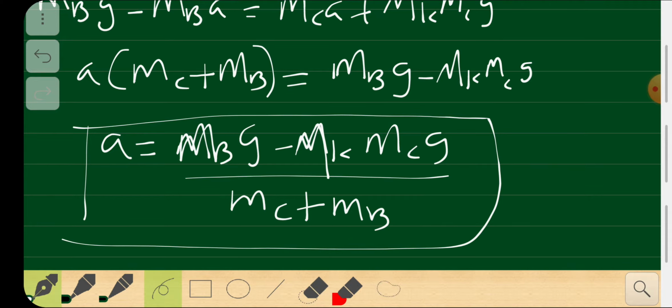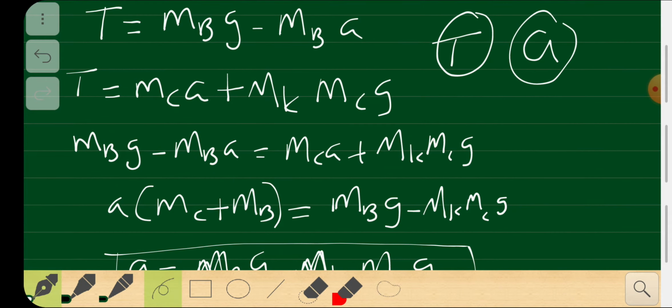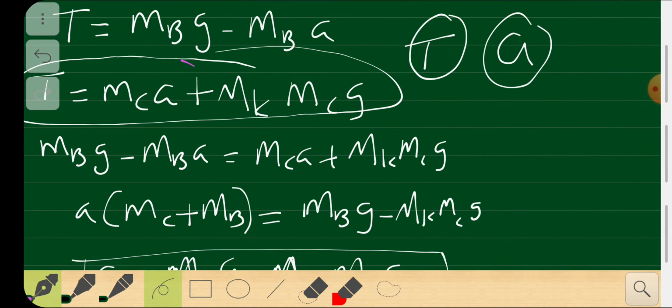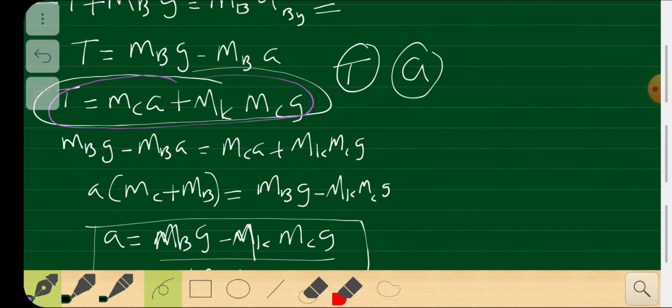Now I can substitute the acceleration into the equation of tension, and suddenly I'll get the equation for tension. So I'm going to substitute a into this equation.